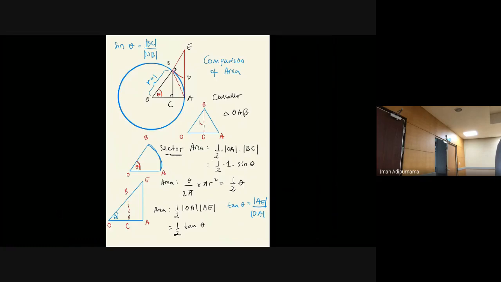So the first is half sine theta for OAB, then for the sector it is half theta, and for the triangle OAE it is half tangent theta.